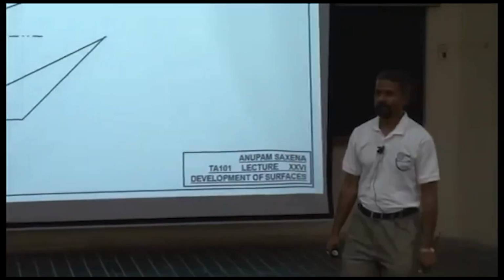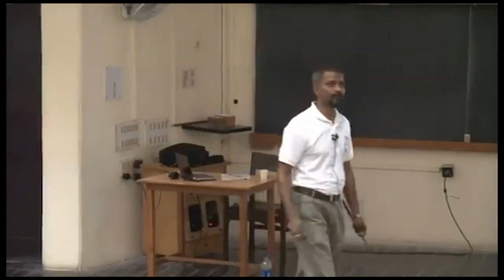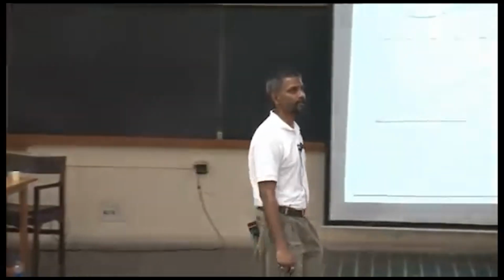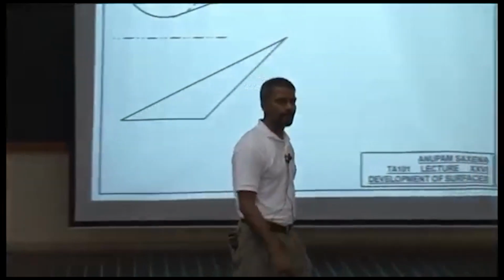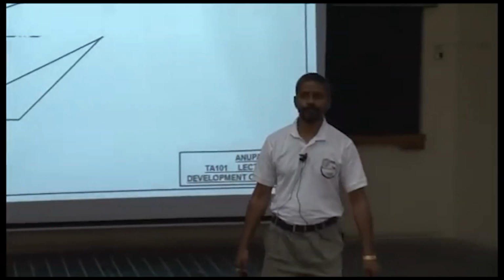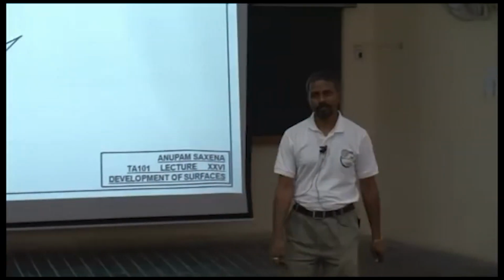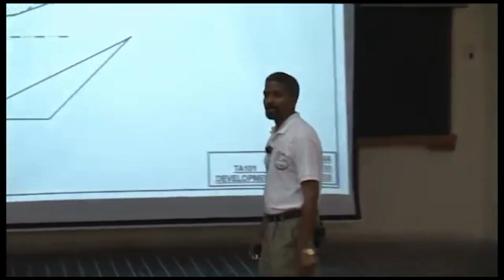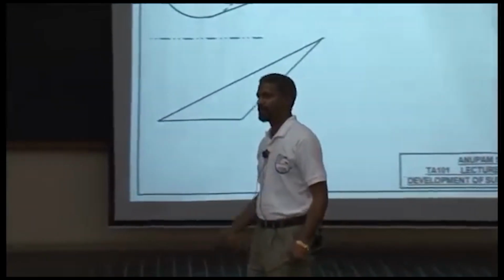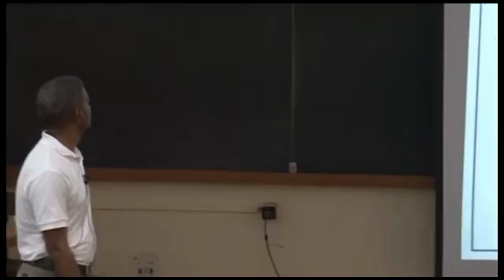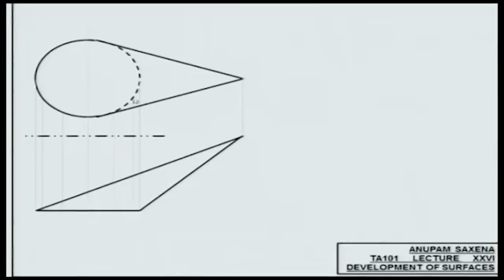Assuming it's not possible to develop this surface in a regular fashion, what do you do? You approximate the surface, and the way to approximate the surface is via triangulation. It's possible to develop the surface accurately, maybe not. So you need to go for approximate development, and the way to do that is to triangulate the surface.